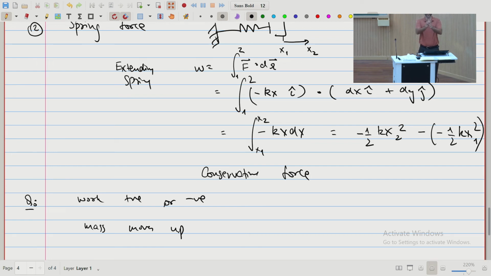What about a spring that is initially stretched and now moving towards its mean position? That is positive. And the same holds for compression as well. So we have to be careful. We sometimes make the mistake of saying that compressing, as opposed to stretching, changes the sign. That is not the case.